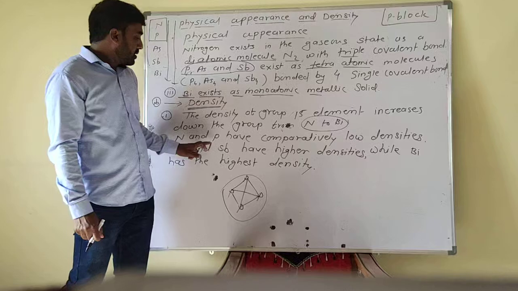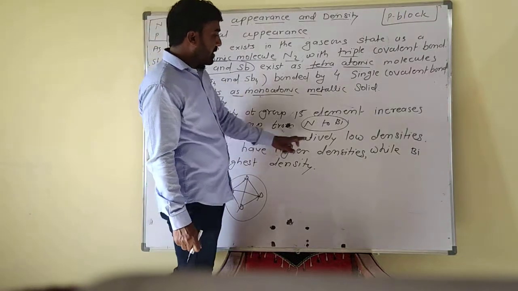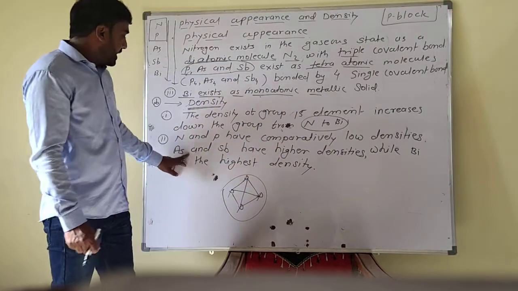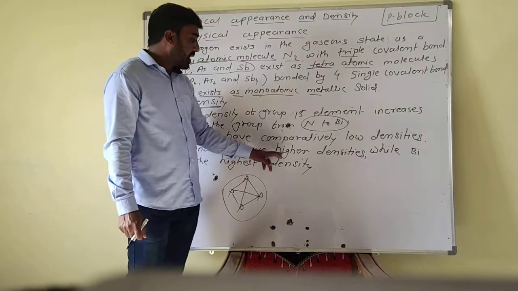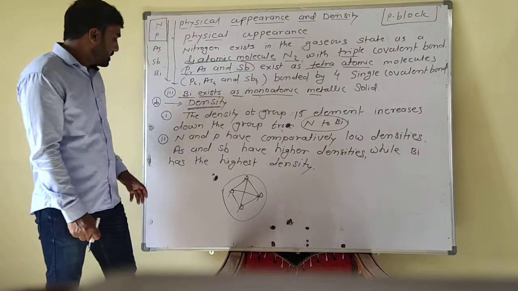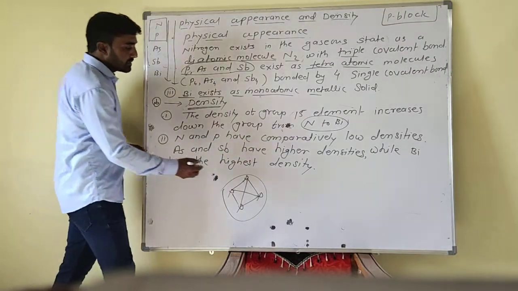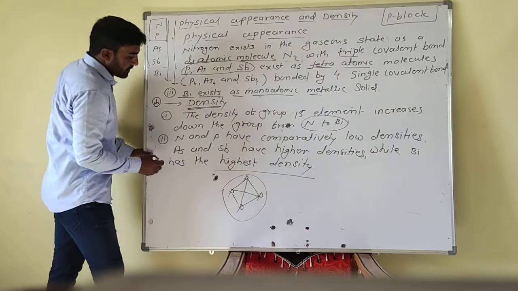Nitrogen and phosphorus have comparatively low density. Arsenic and antimony have higher density, while bismuth has the highest density.